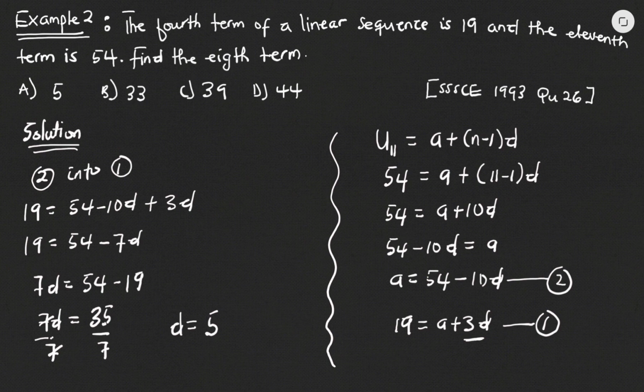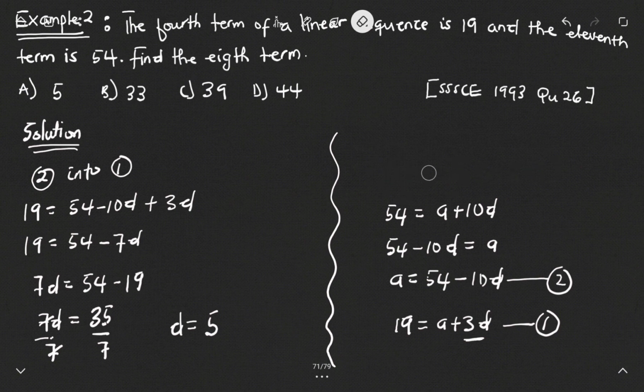Right, so now that I found the value of d, which is the difference, let's proceed to find the first term, and then from there we can proceed to find the eighth term as the question demands. So let me quickly erase what I have over here. Okay, mind you, to find the first term, the equation is a is equal to 54 minus 10d.